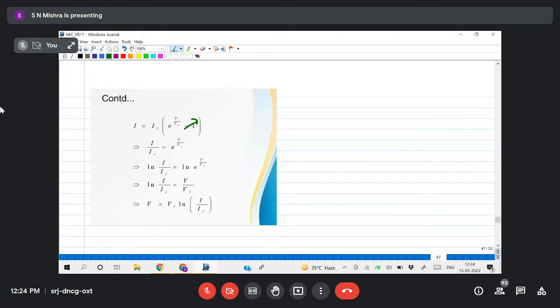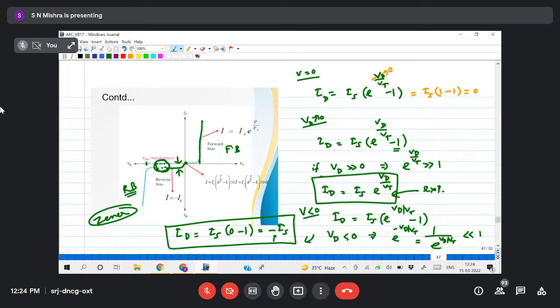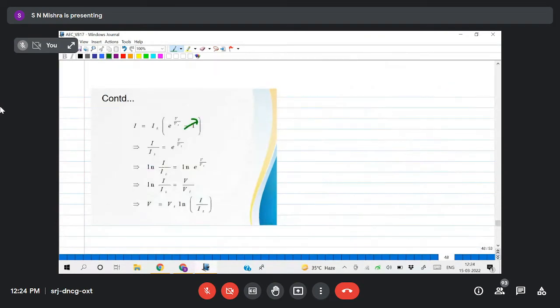Just now we have seen in the characteristic that in this condition the applied voltage is positive and this term is ignored, so only in this condition we need this Id. So one is removed. Take Is to the left side, take ln on both sides and separate, and to find V we get V equals Vt ln(I/Is).